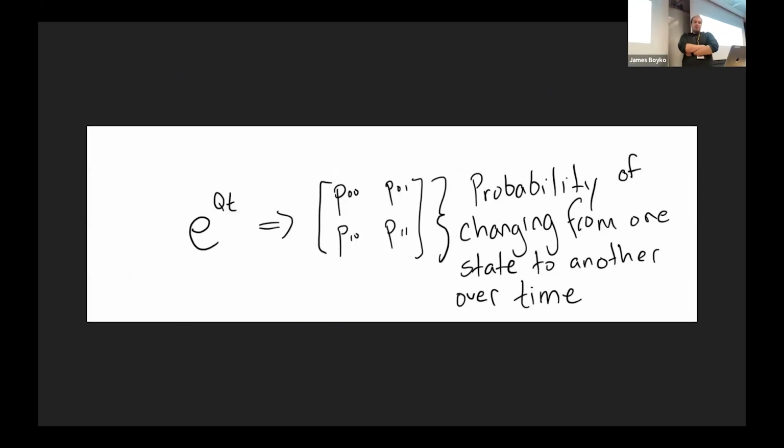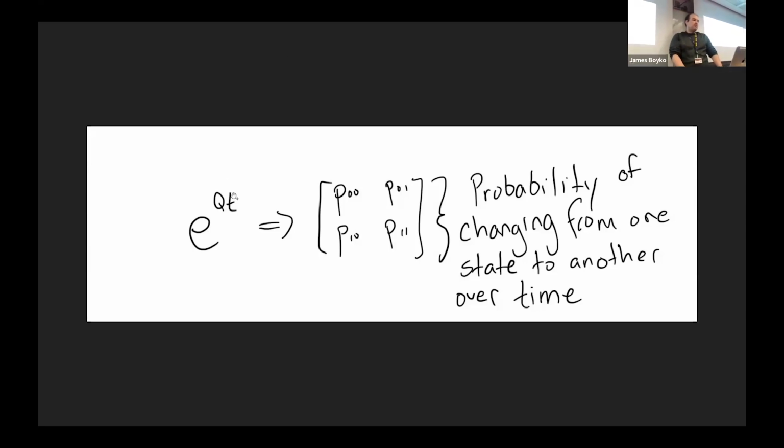That Q matrix was in units of transitions per million years, so it's not a probability. We need to change this to a probability, and we do that by a matrix exponentiation operation multiplied by the amount of time. This gives us the probability of changing from one state to another given a certain amount of time.